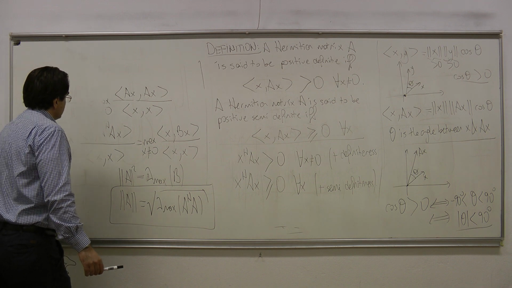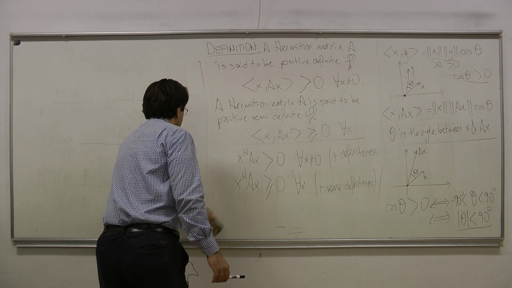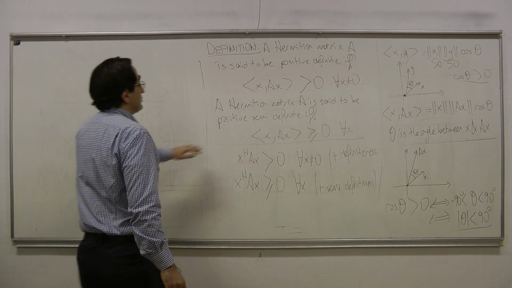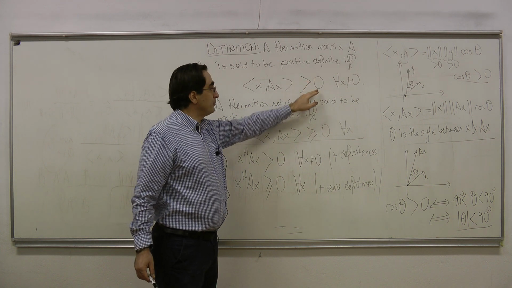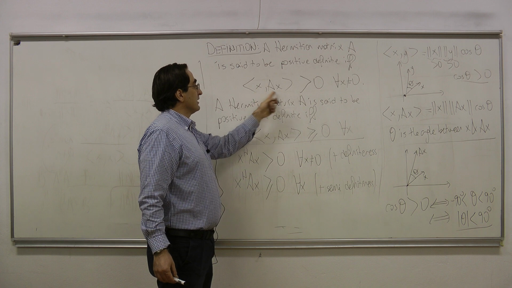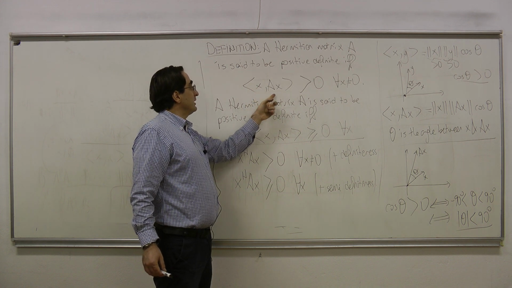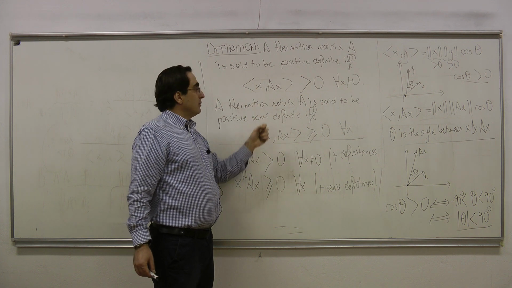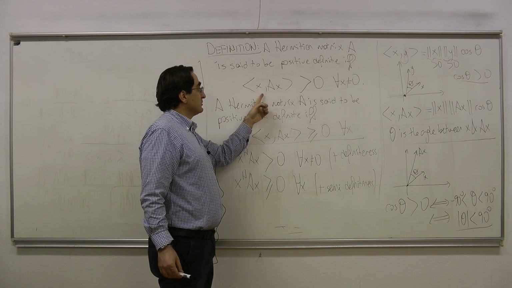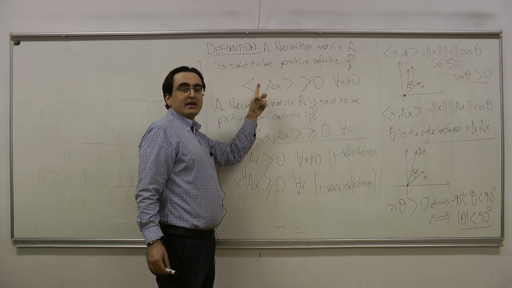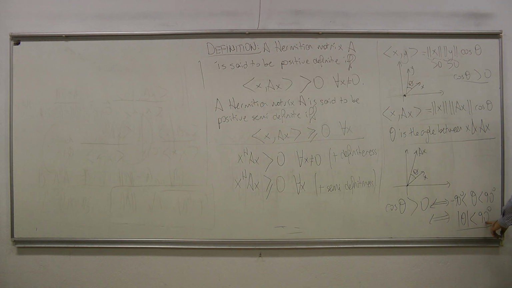So for a positive definite matrix, I know that this inner product is always positive. If the inner product is always positive, then that means that the cosine of the angle between these two vectors would be always positive. If the cosine of the angle between these two vectors is positive, then that means that the angle between x and Ax would always be smaller than 90 degrees in magnitude.